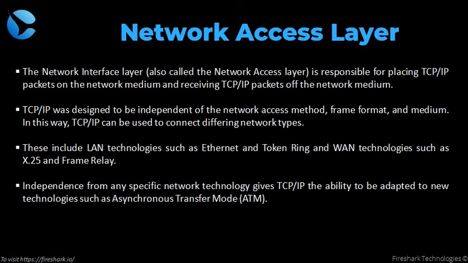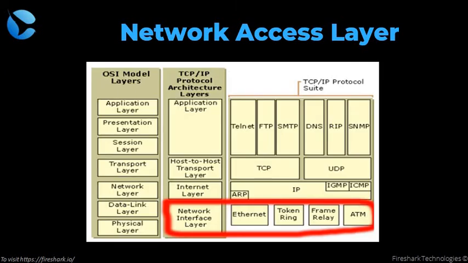These include LAN technologies such as Ethernet and token ring, and WAN technologies such as X.25 and frame relay. Independence from any specific network technology gives TCP/IP the ability to adapt to new technology such as ATM, which we will see in this figure.